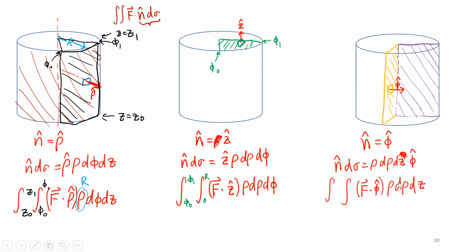So the rho, in this case, I go from 0 all the way to this edge, from 0 to R. Then the z, of course, again goes from z0 to z1.